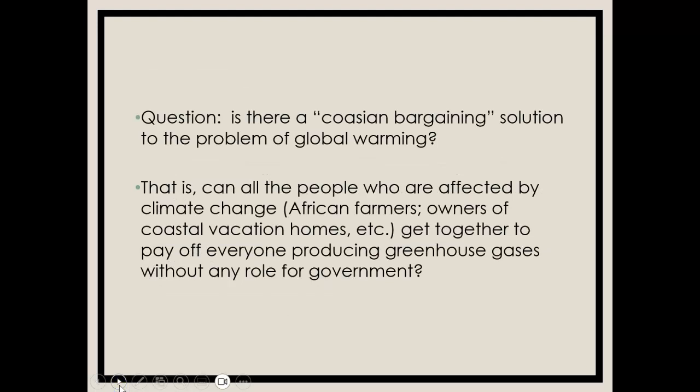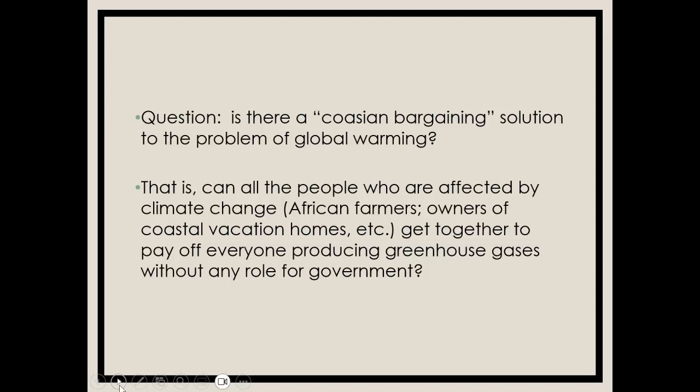And if you take these problems and you stretch them out to a higher level, you can think about how some problems would be absolutely insurmountable to solve using Coasean bargaining. For example, global warming. This is a problem that affects people all around the world, African farmers, owners of coastal vacation homes in the US, and hundreds of thousands of other people.